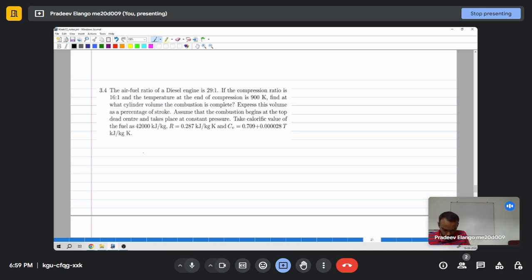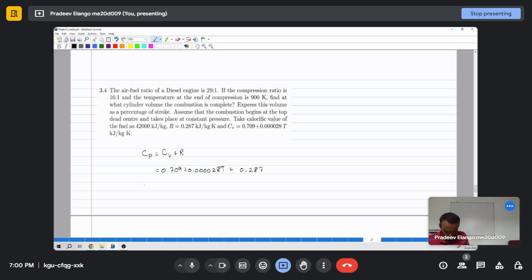So we know Cp is equal to Cv plus R, so that is 0.709 plus 0.000028 T plus R, which is 0.287.